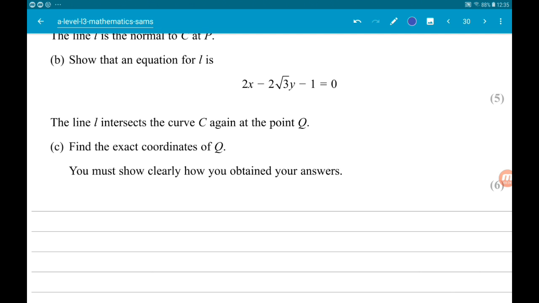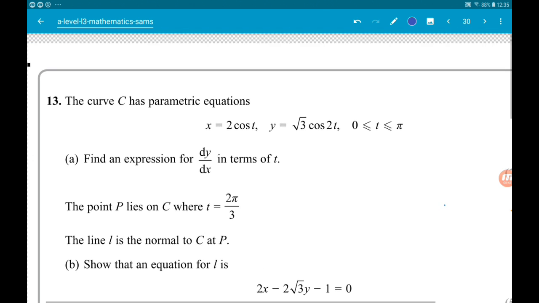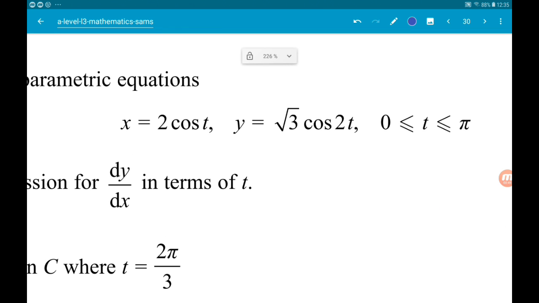So, all we know is at intersection points, x and y have to be equal to these guys.